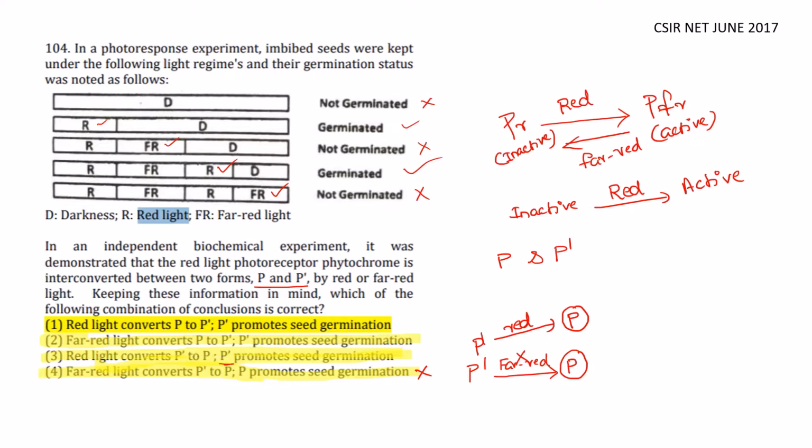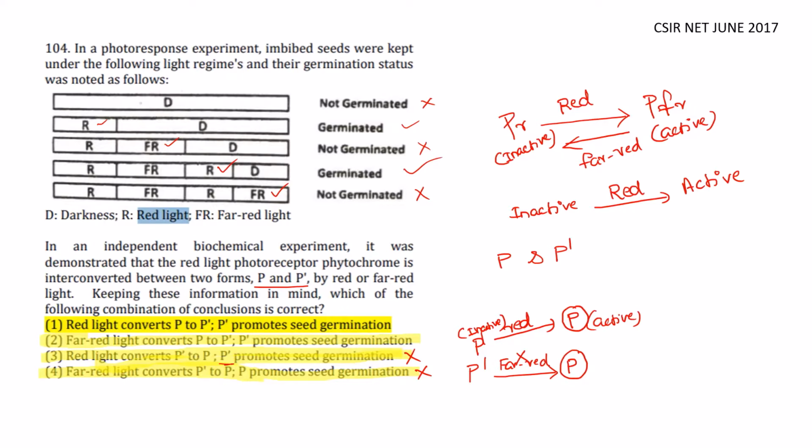We don't know which one is the active form, whether P dash or P. But here it is given red light is converting P dash to P. Okay. Then P should be the active form, isn't it? But here it is given P dash promotes seed germination. This is not correct. Okay. If it is given P promotes seed germination, then it will be correct. But here it is given P dash promotes seed germination. That's why it is not correct.